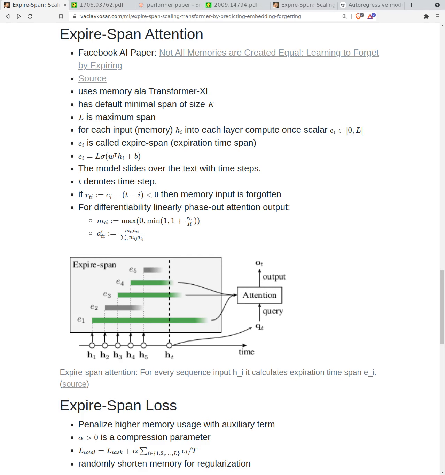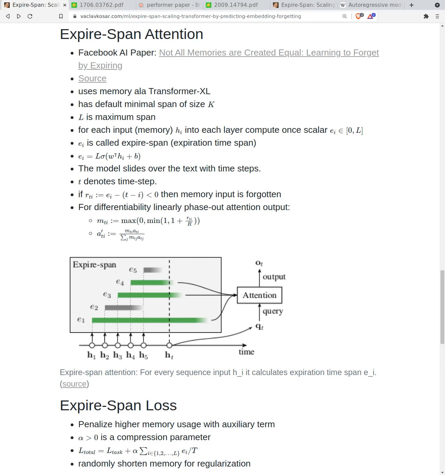Once the model slides over the time steps, the memories in the context fade away. So what does it mean to fade away? The attention matrix output itself is scaled by how much the token is still remembered.